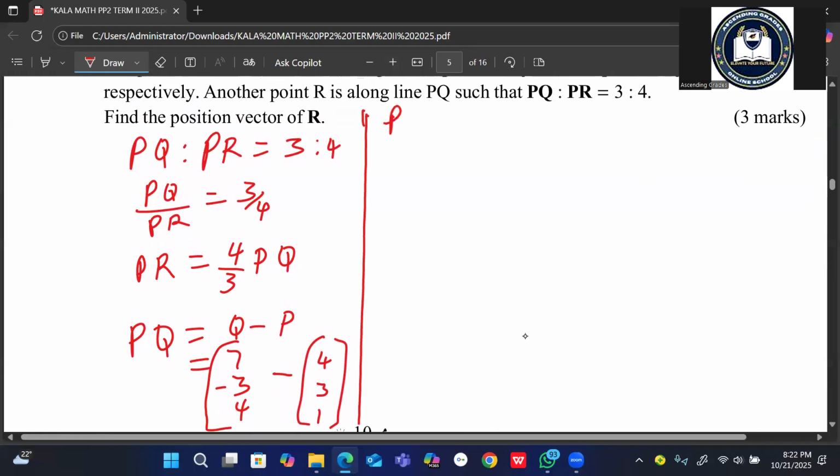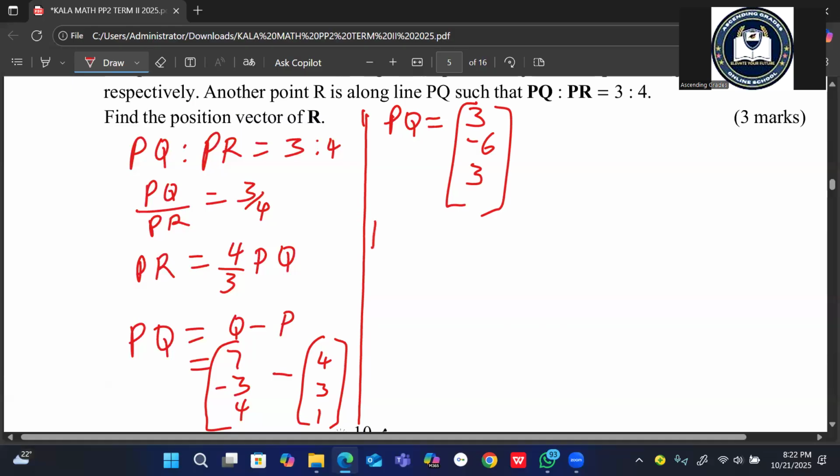So your PQ becomes 7 minus 4 is 3. Negative 3 minus 3 is negative 6. 4 minus 1 is 3. So that is your PQ.